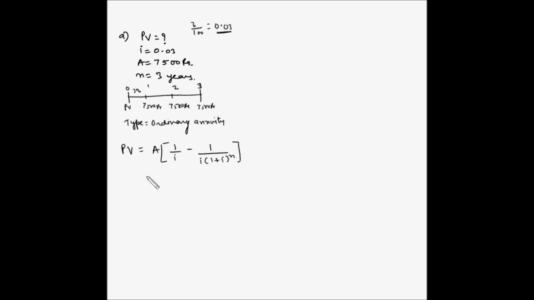So let's plug in all the values. A is 7500, 1 divided by I is 1 divided by 0.03, minus 1 divided by 0.03 into (1 plus 0.03) to the power n, and n is 3.